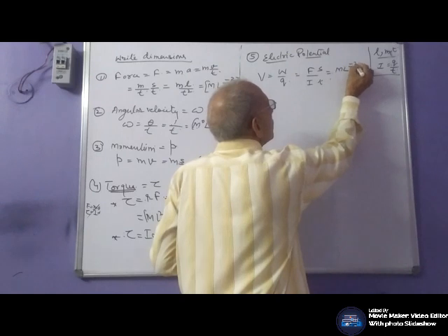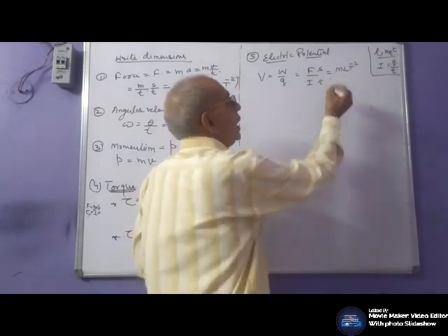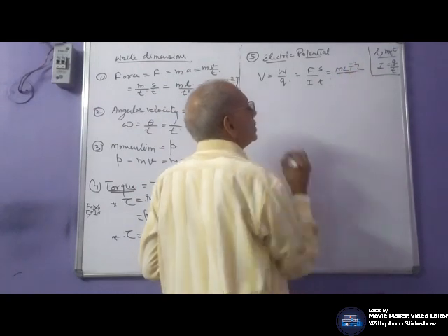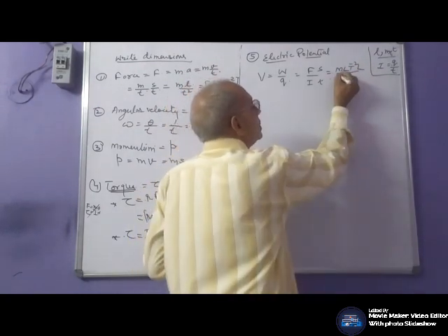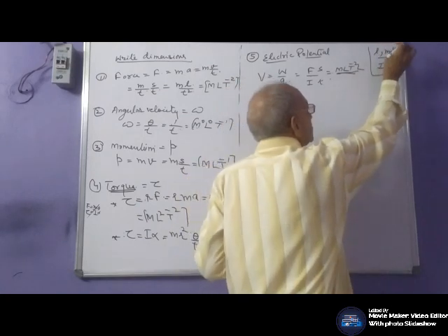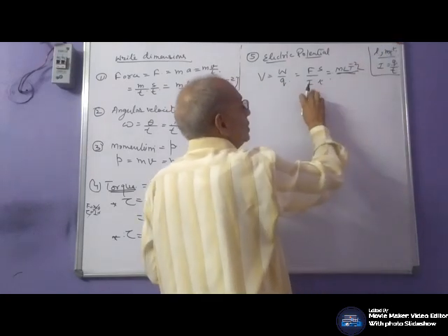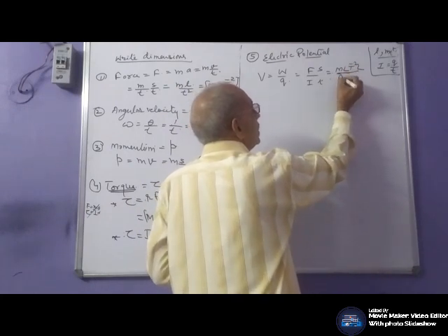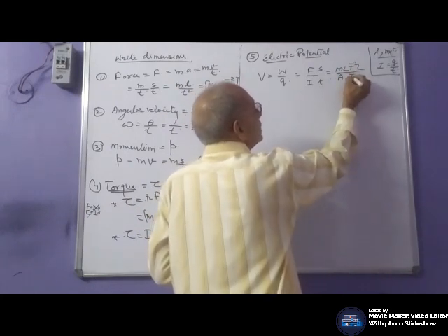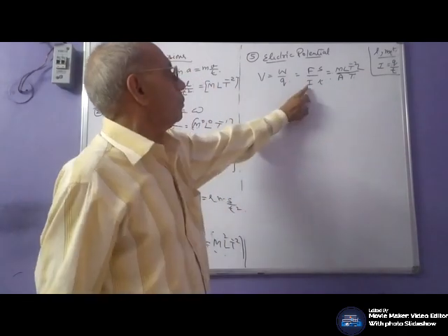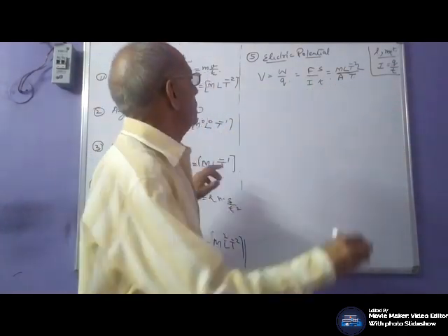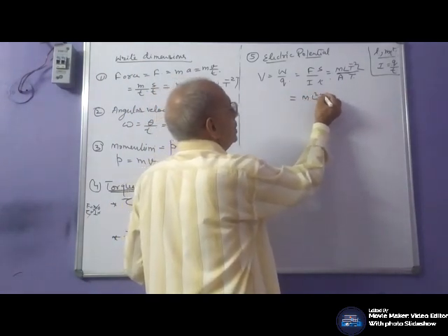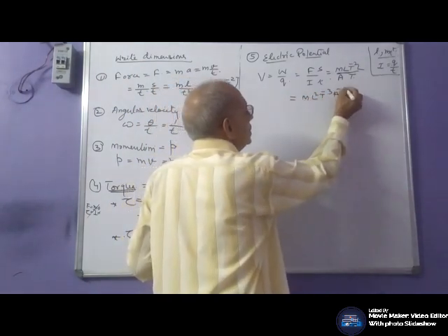F is already done. Mass, length, time, and I, the other fundamental unit, current, it was A, T, current ampere. So the dimensions are M L square T minus 3 A minus 1.